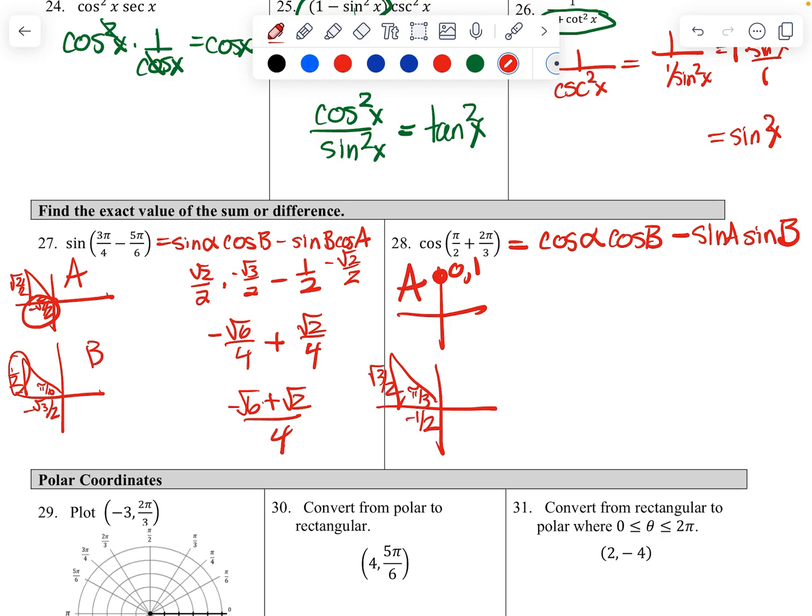So alpha and beta. Cosine alpha, 0, cosine beta, negative 1/2, minus sine alpha, 1, sine beta, root 3 over 2. So this one is just negative root 3 over 2.